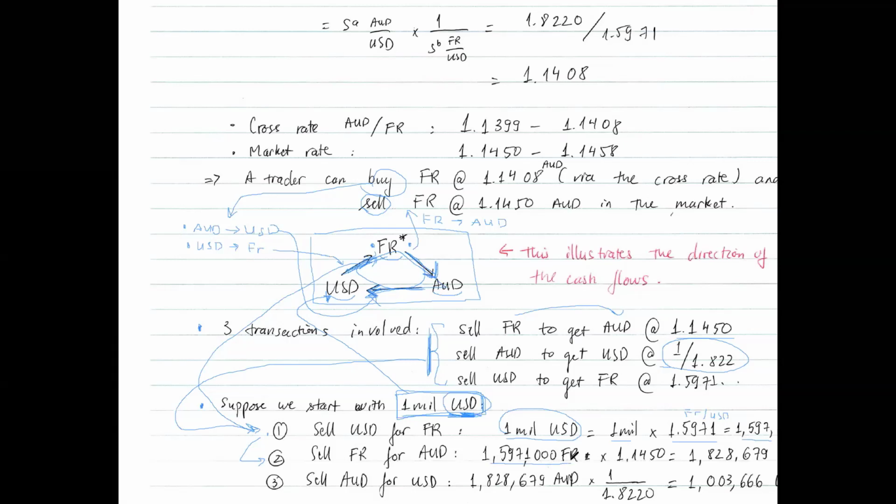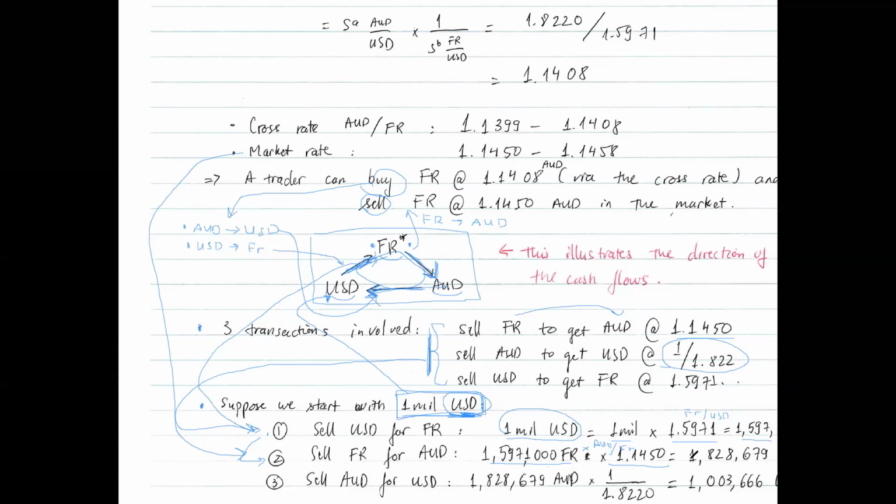From about 1.5 million franc, I'll multiply it by the AUD divided by franc exchange rate, which is here, from the third bank. If I do so, I will acquire about 1.8 million Australian dollars.